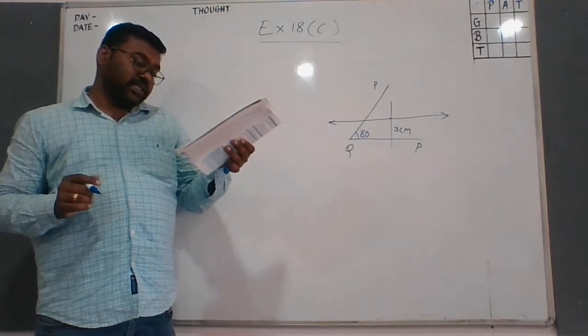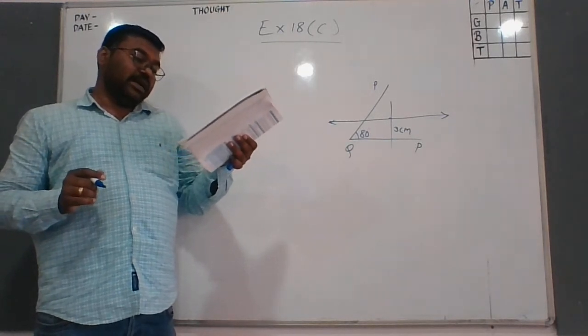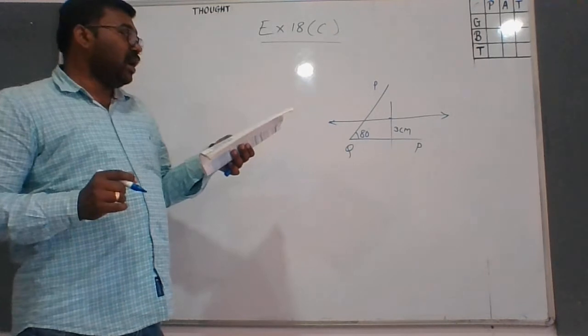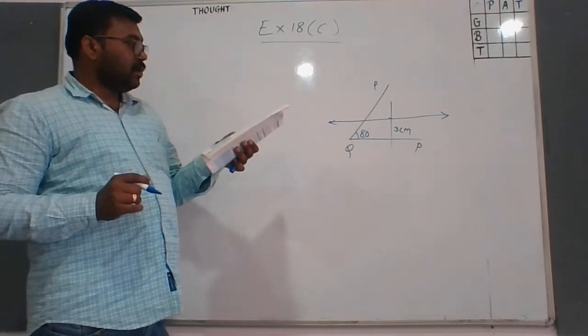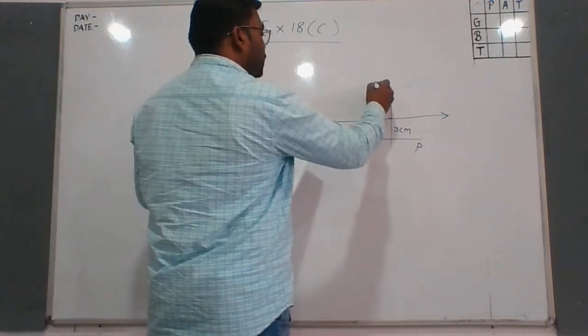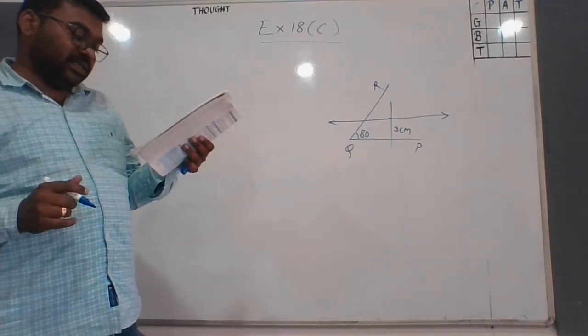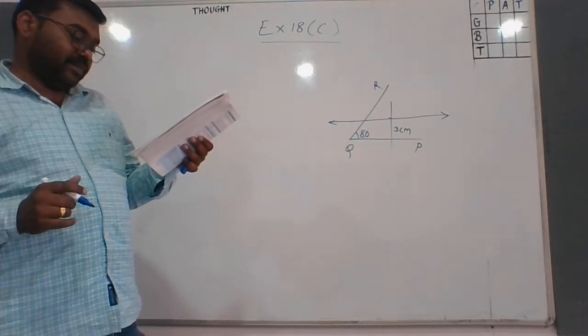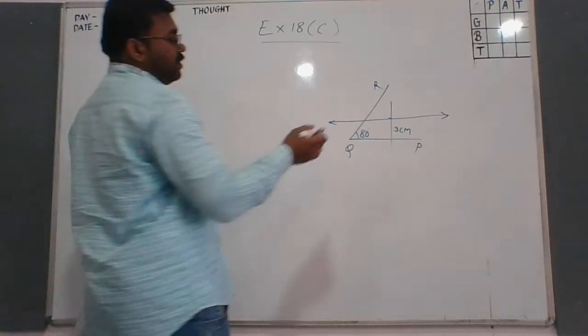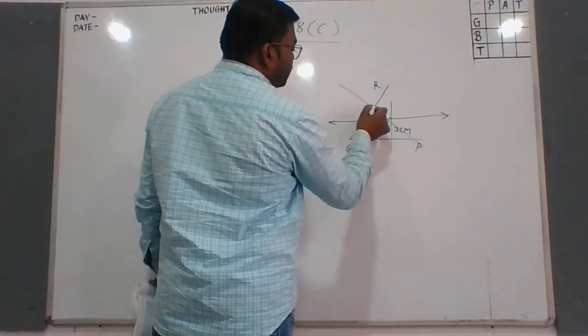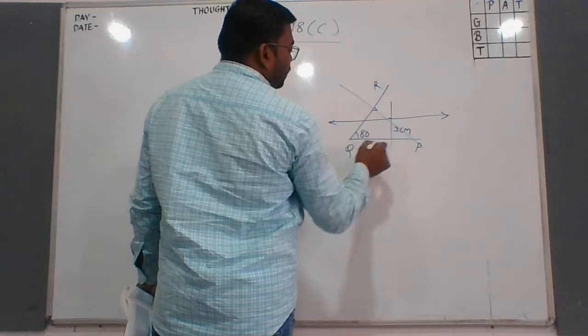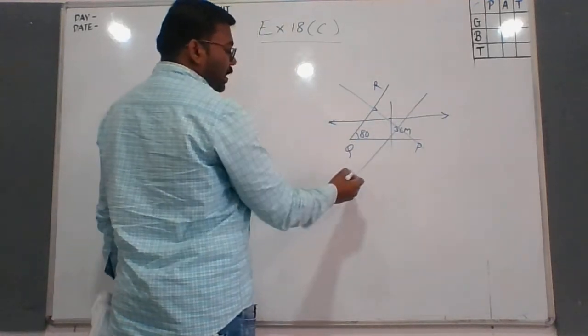Next construction is another line parallel to QR. Suppose this is our QR at a distance of 3.5 centimeter. So again, this is 3.5 centimeter, and suppose these are the parallel lines.